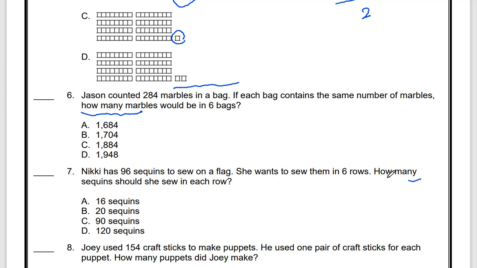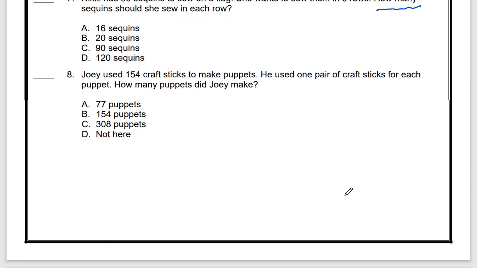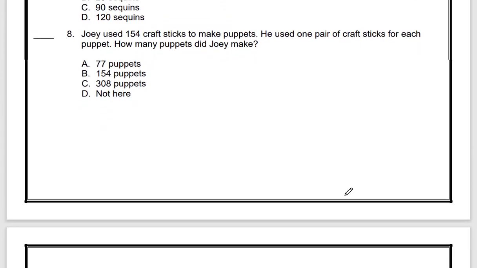This is not about how many. I don't have the word about. So if you don't have about, you need to do the division. If you have about, you need to do estimation. Okay, let's move down and see all these questions are the same.